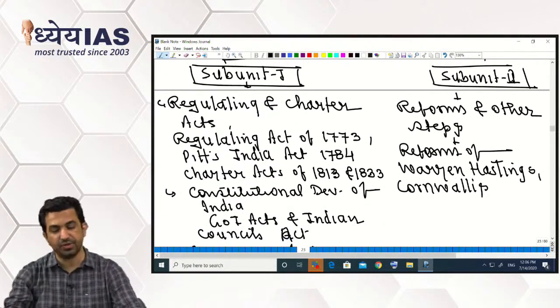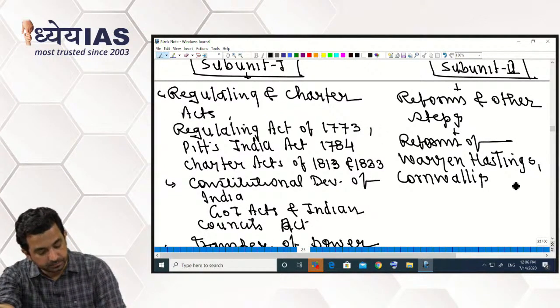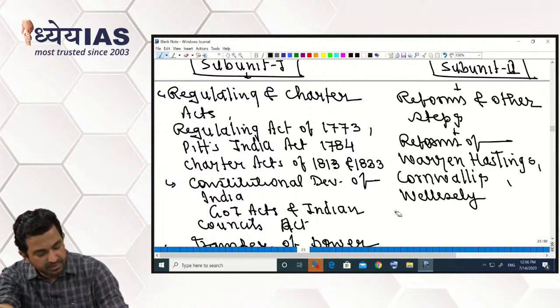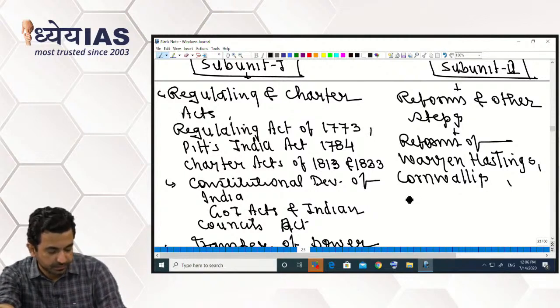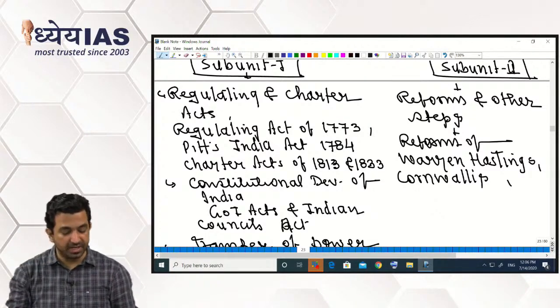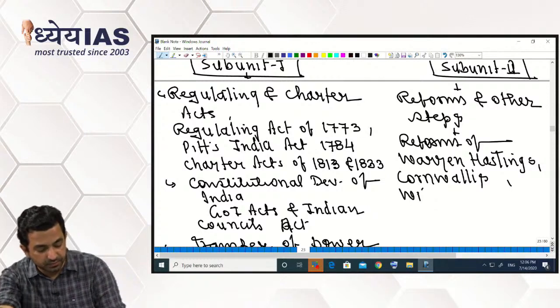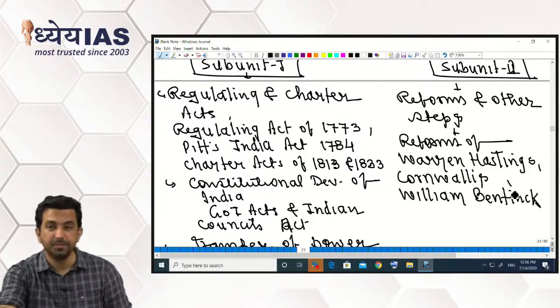So reforms introduced by Warren Hastings, Lord Cornwallis, Wellesley, and of course William Bentinck.